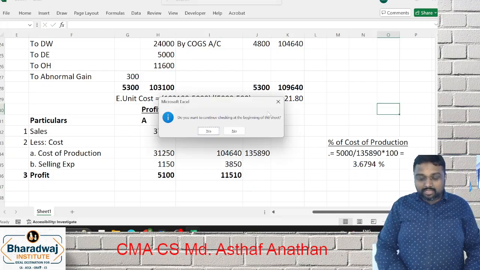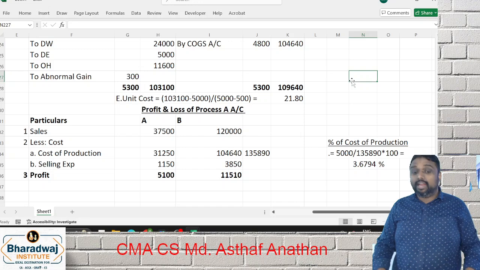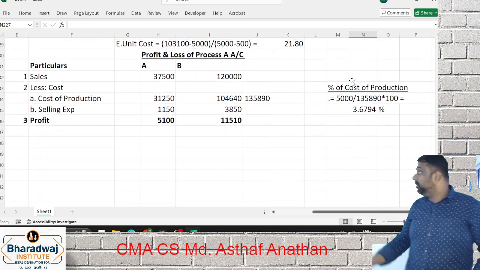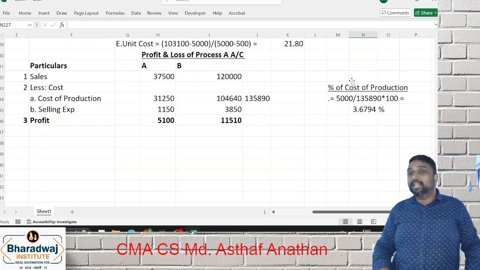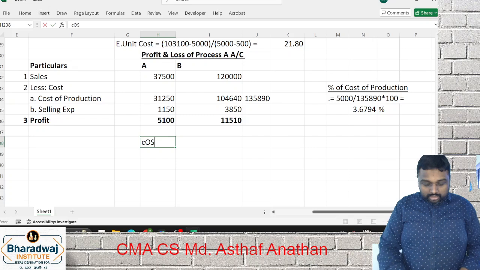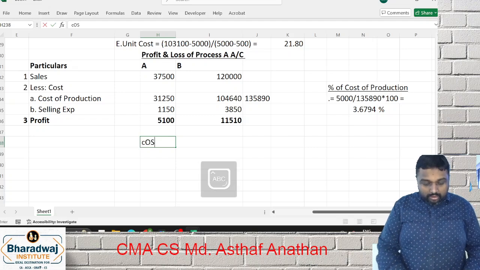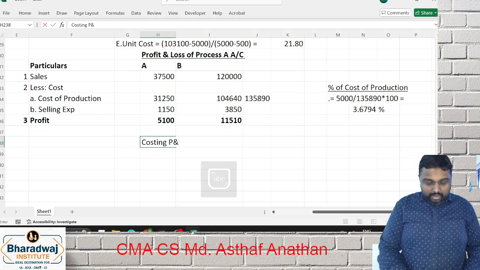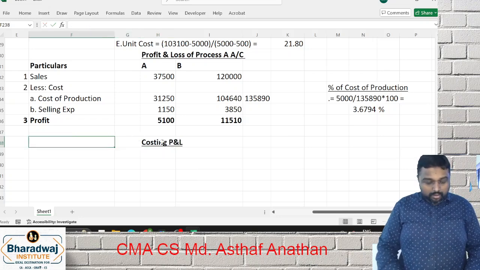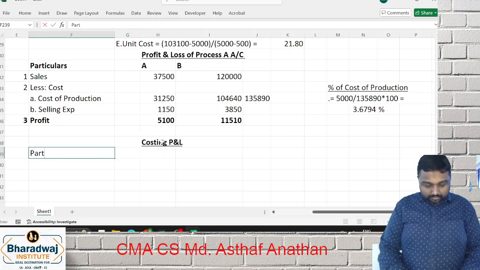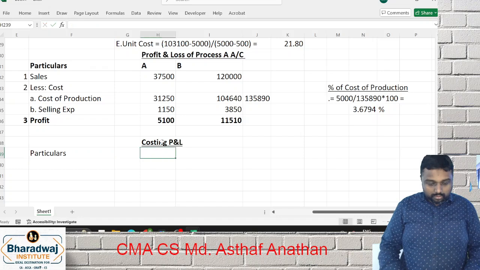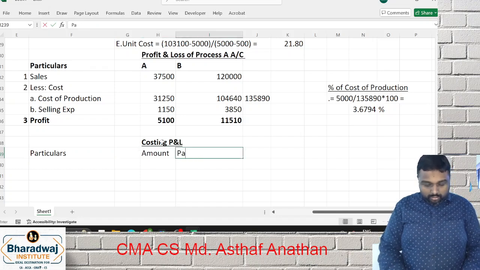Now, my dear friends, if you want to prepare the general P&L, we have got the profit of A and B. Now you can go with the general P&L and see how it will proceed. Costing P&L: we'll have particulars, amount, particulars, amount.